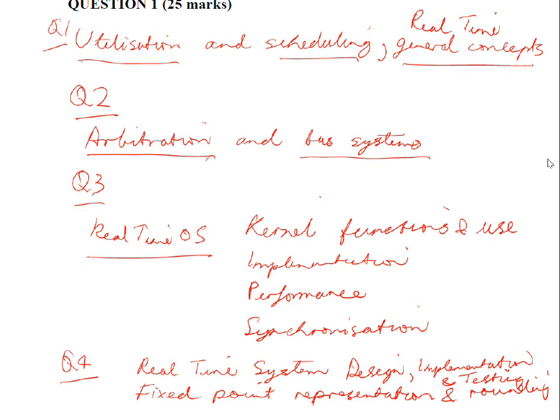So the other questions are, question 3 is on real-time operating system implementation, kernel functions, so the use of semaphores, synchronization primitives, and event flags, and sleep, processor state, that sort of thing, and how they're implemented.